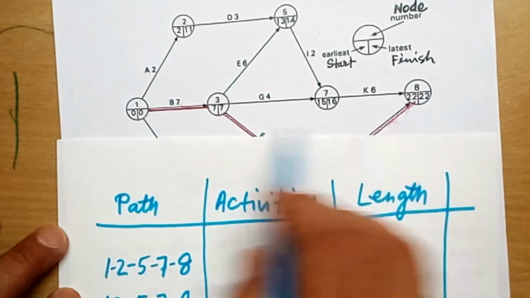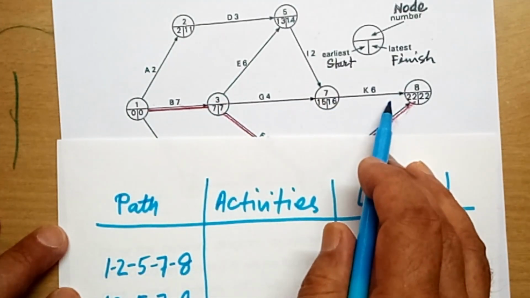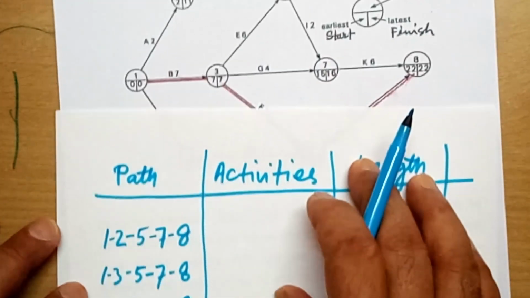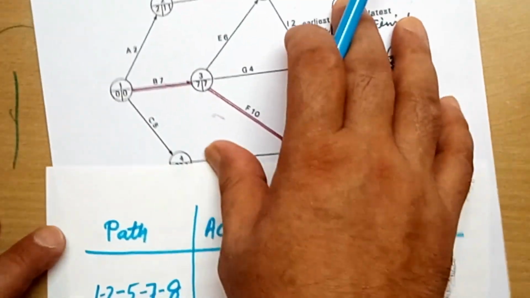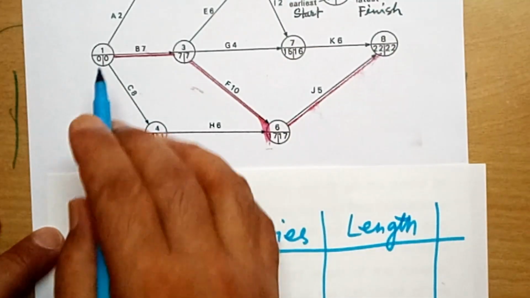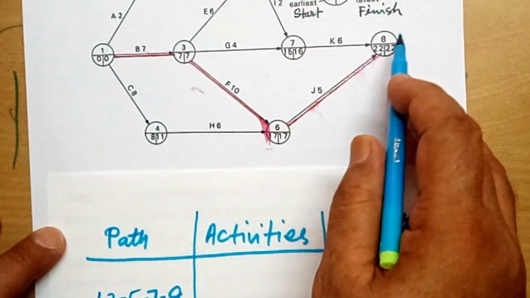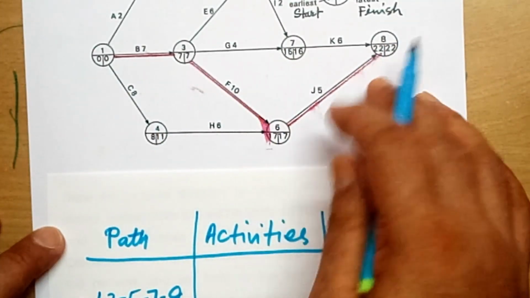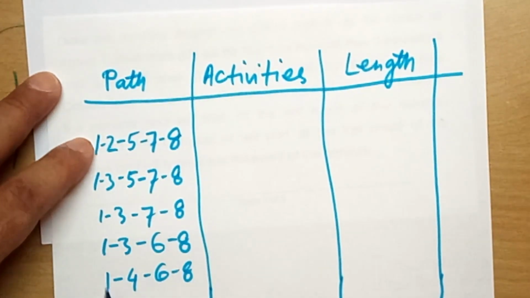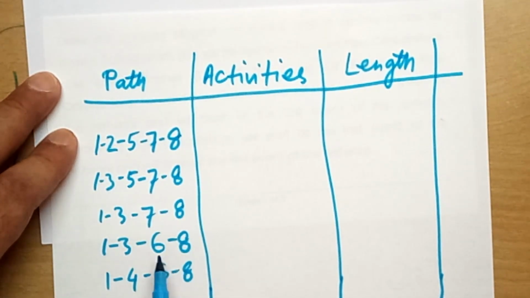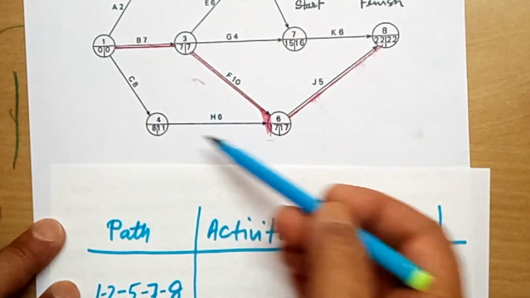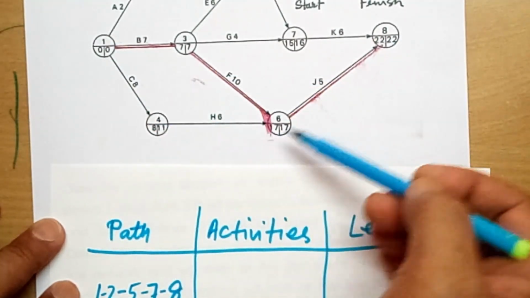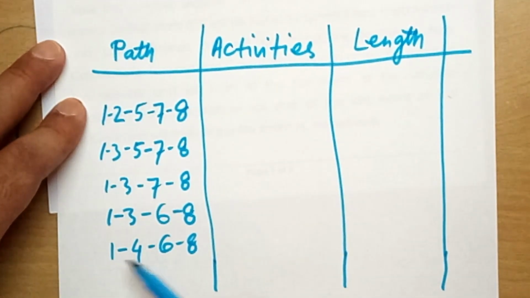Next one, 1, 3, 7, 8. The next one is 1, 3, 6, 8. We have written this, right? And the last path, 1, 4, 6, 8. We have also written this.